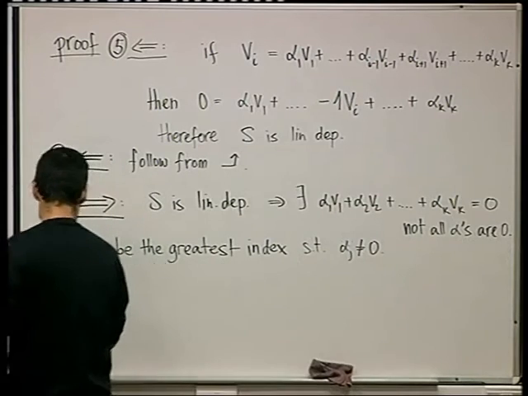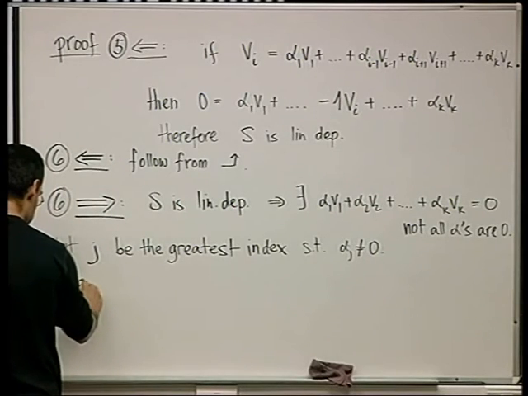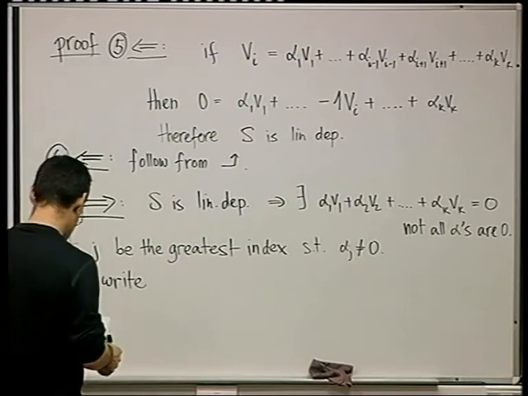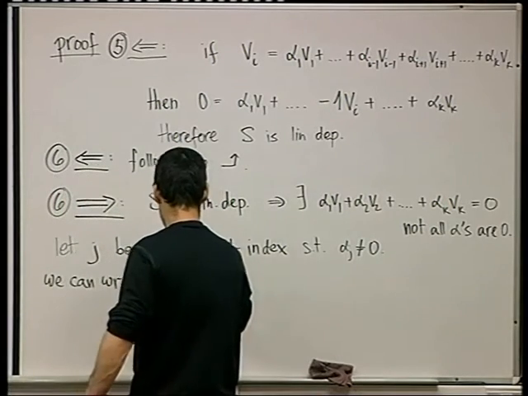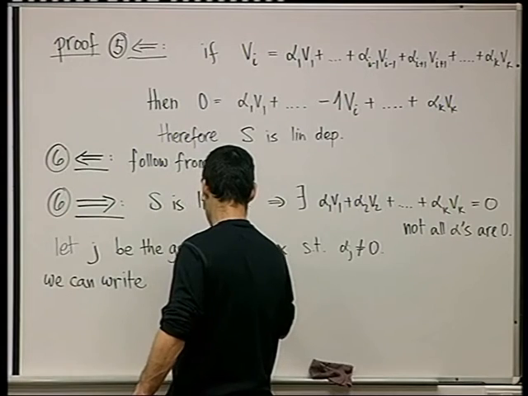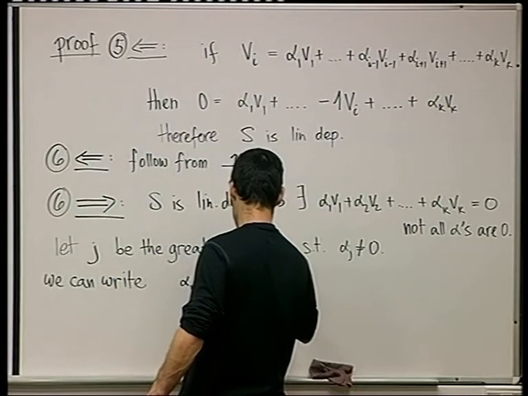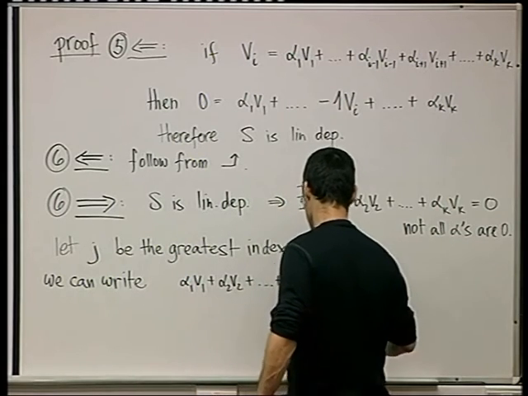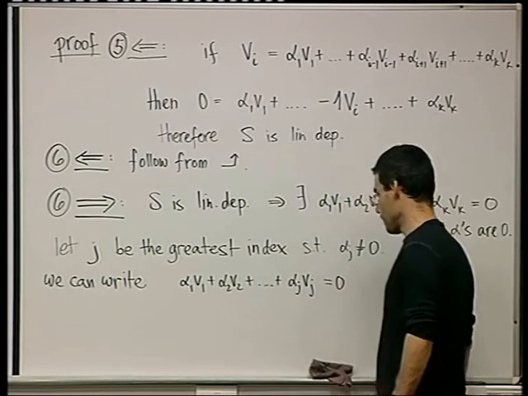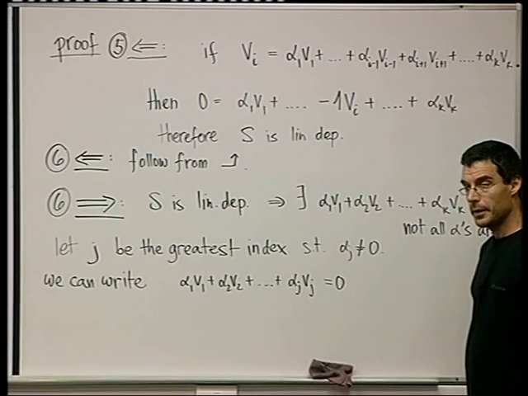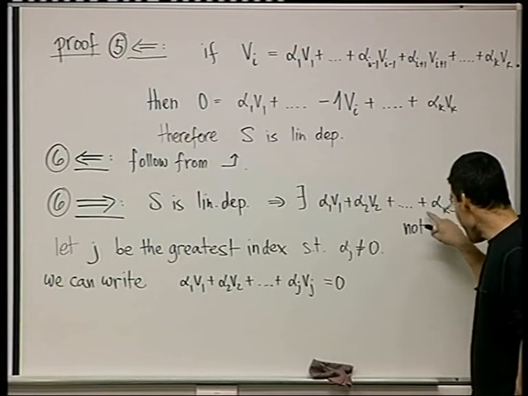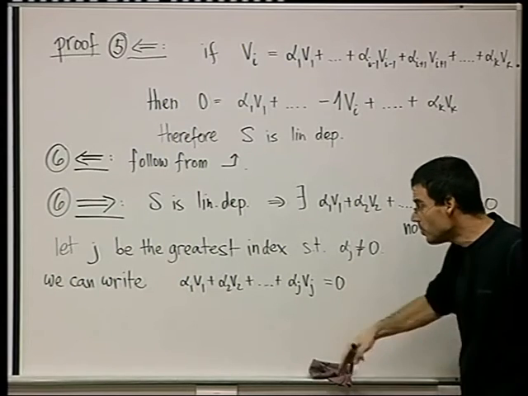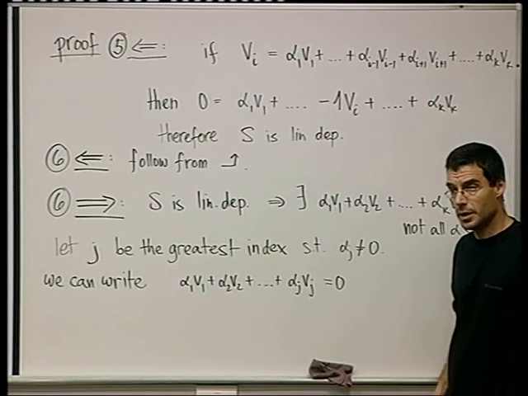Then we can write alpha 1 v1 plus alpha 2 v2 plus ... alpha j vj equals 0. Do you agree? Because all the rest have 0 coefficients, so leaving them there or removing them doesn't make any difference.